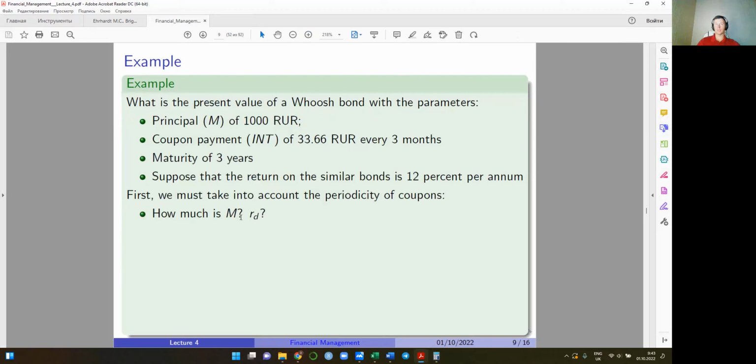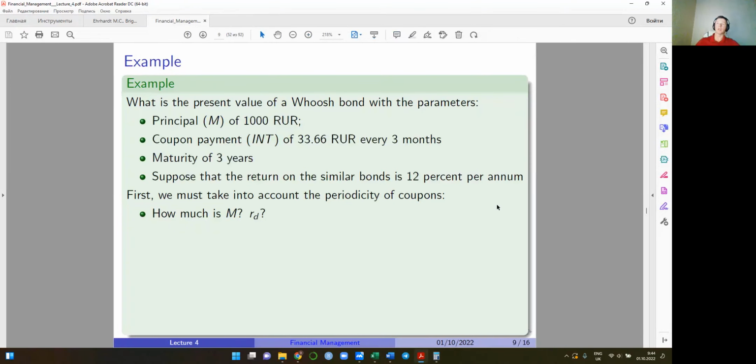So we need to convert maturity, sorry, it's not M, it's N, capital N must be converted. Principal doesn't change. So capital N must be converted to quarters. And RD, 12% per annum, must also be converted to quarters.